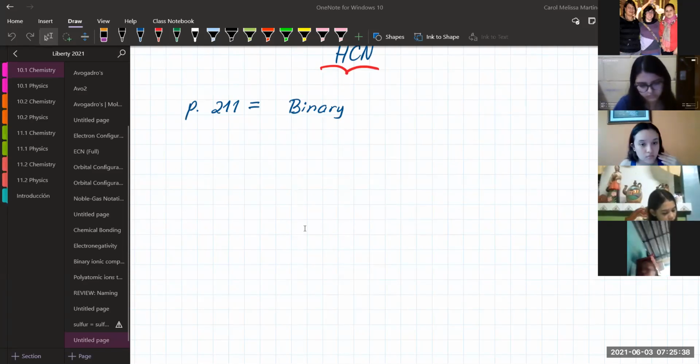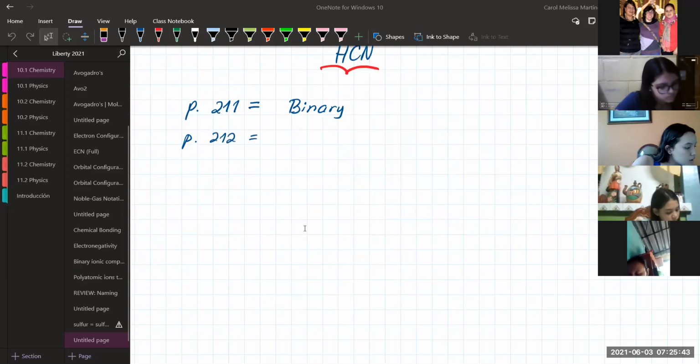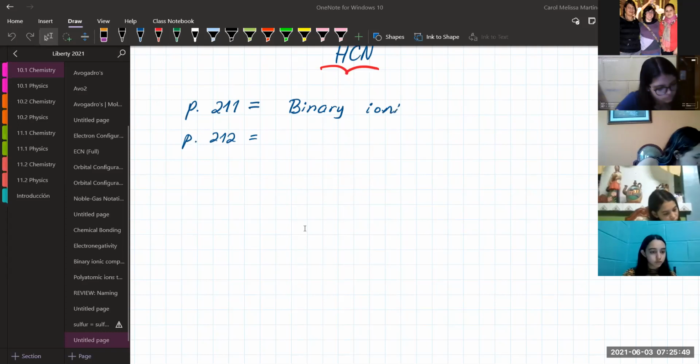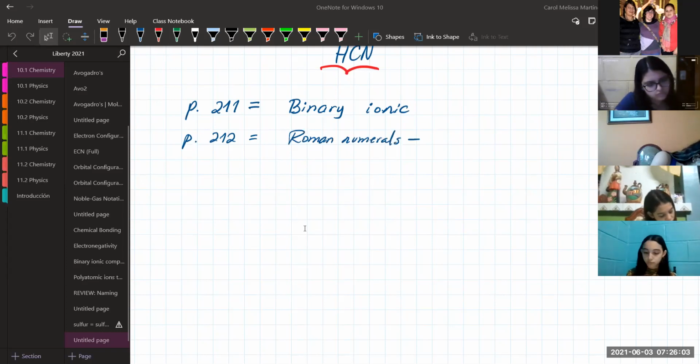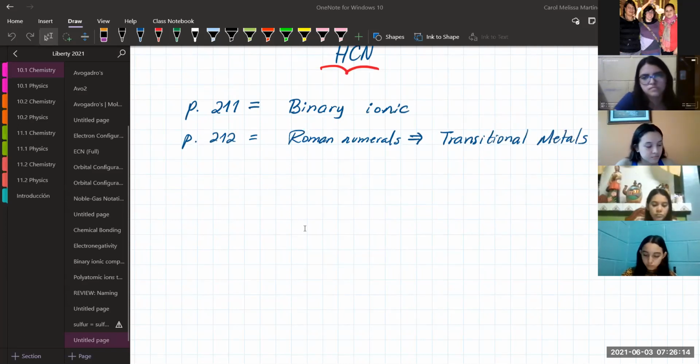Now, what topic do we have in page 212? Stock system of nomenclature. The stock system is the one of the Roman numerals, okay? And the one of the Roman numerals is for transition metals with multiple valence electrons, with multiple charges.